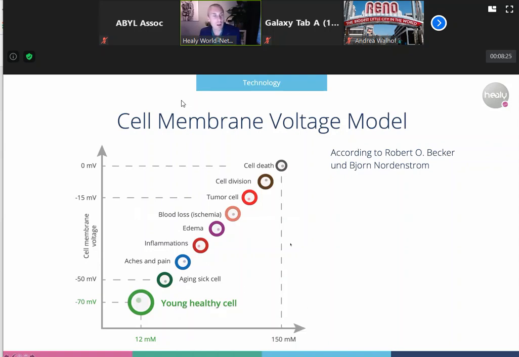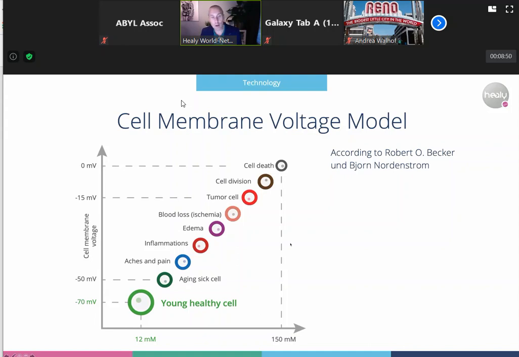Then we are creating eventually an environment where tumor cells can grow easily. So strong acidity means a more positively charged environment. This is being enlarged by all the radiation we are exposed to.